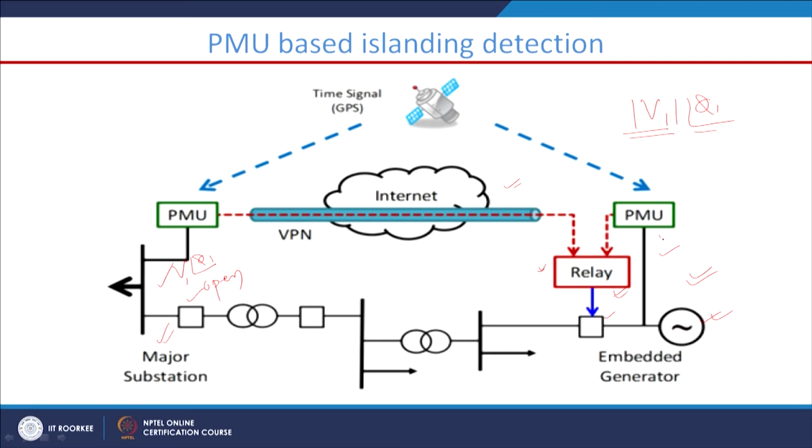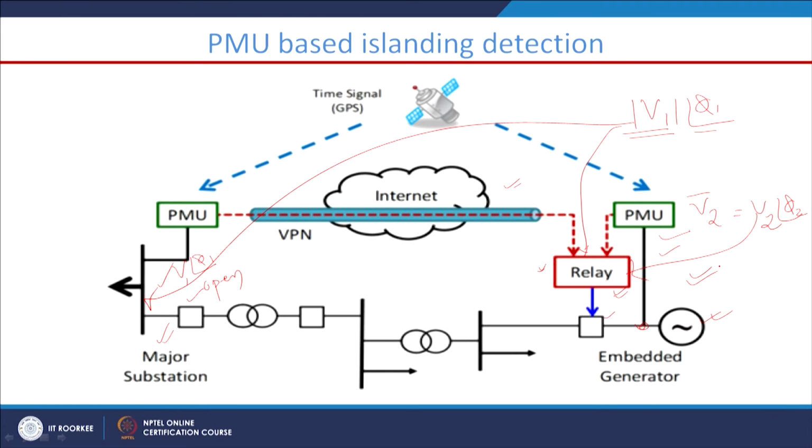Similarly, this PMU will also measure the voltage at this bus, some phasor, that is some magnitude V2 with angle phi 2. When these two quantities, the voltage of the DG terminal and the main grid voltage, reach this relay, the relay will decide whether there is an islanding situation or not.